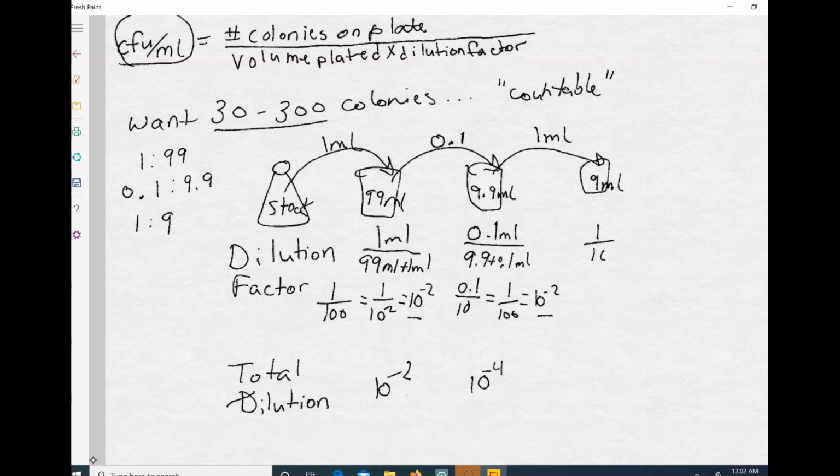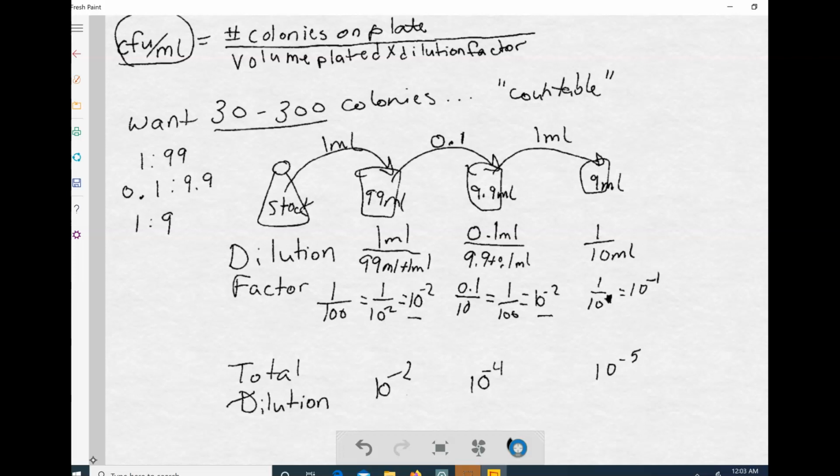I have 9 plus 1, or 10 milliliters total. 1 over 10 is the same as 1 over 10 to the positive 1, which is the same as 10 to the minus 1. So I had 10 to the minus 4 since the beginning, since the stock solution, by the time I got here. 10 to the minus 4 times 10 to the minus 1. This dilution is 10 to the minus 5.